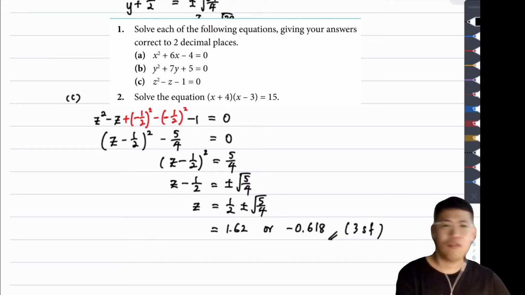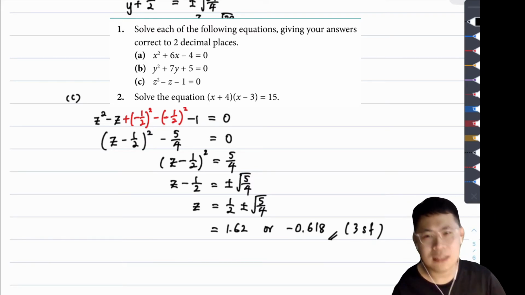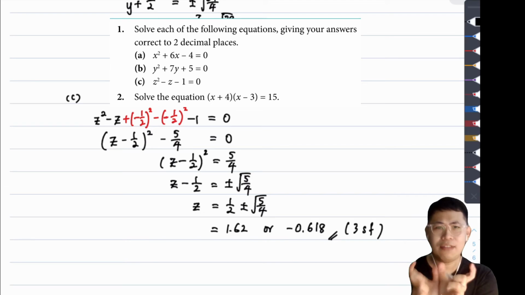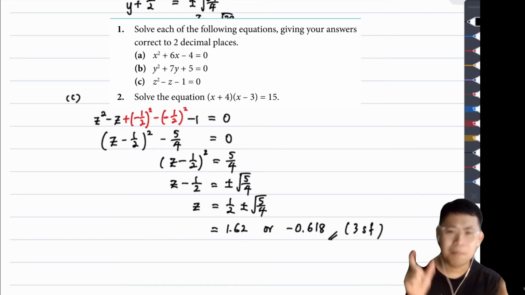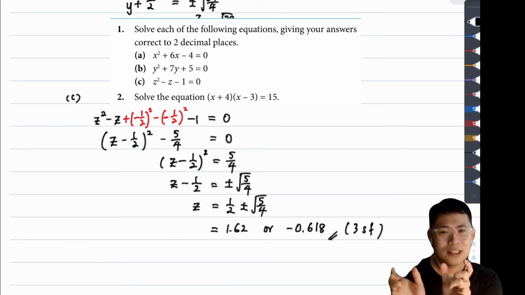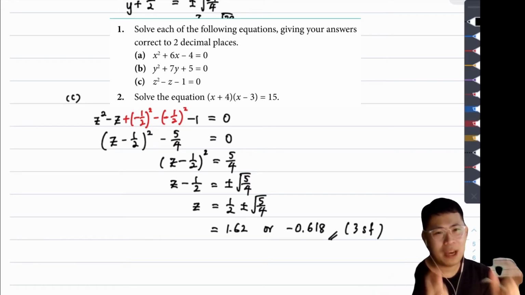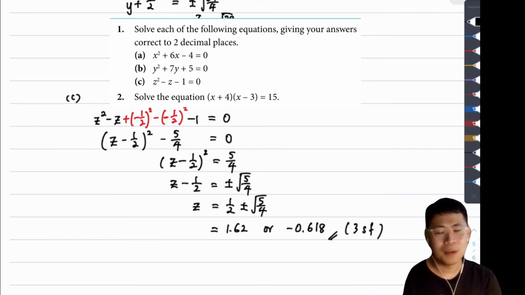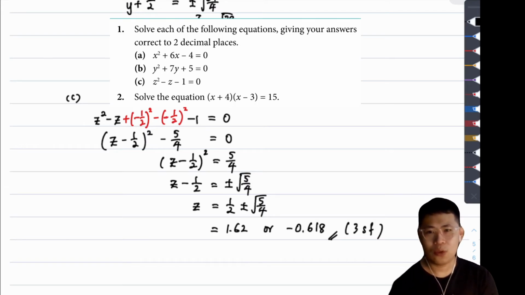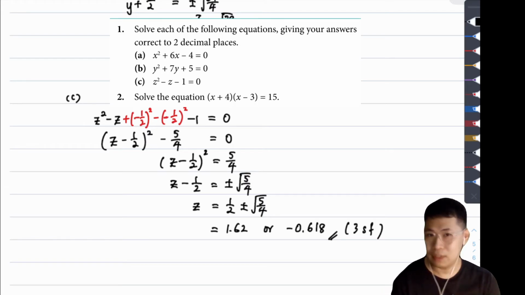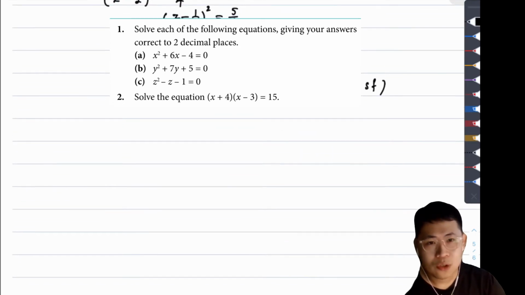Now for question 2, they give us the equation in factorized form, but equal to 15, and we can only split it out and do this or that when the right hand side is 0. So unfortunately we will need to express this in general form first.